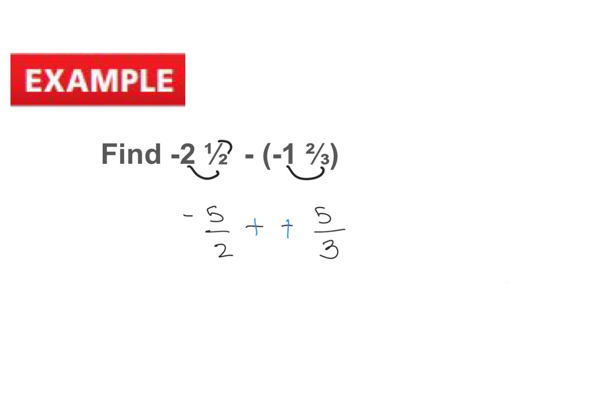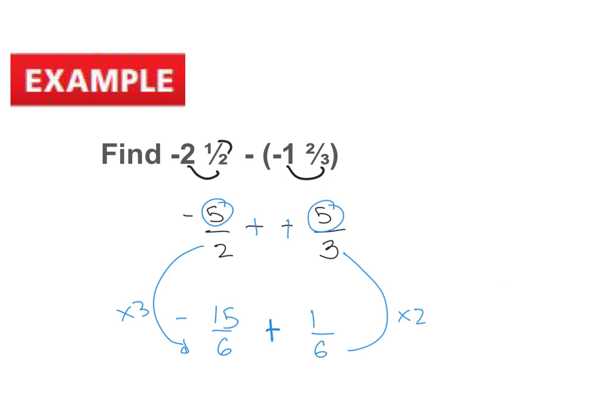And I can find common denominators, which will be 6. Two times 3 is 6, so 5 times 3 is 15. On the right side, 3 times 2 is 6, so 5 times 2 is 10.